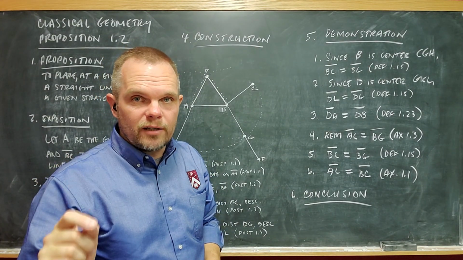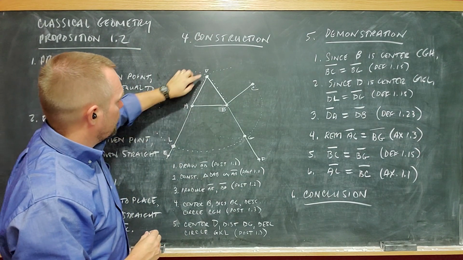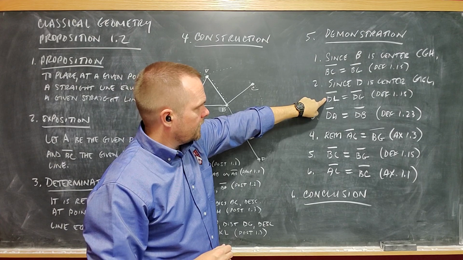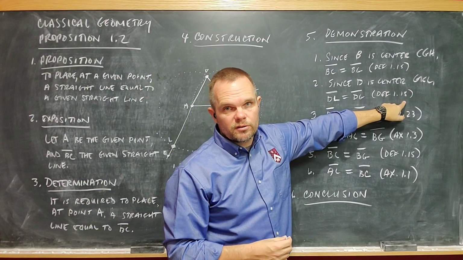So based on the definition of a circle, line DL and line DG must be equal to each other. And it says definition 1.15, which is the definition of a circle.